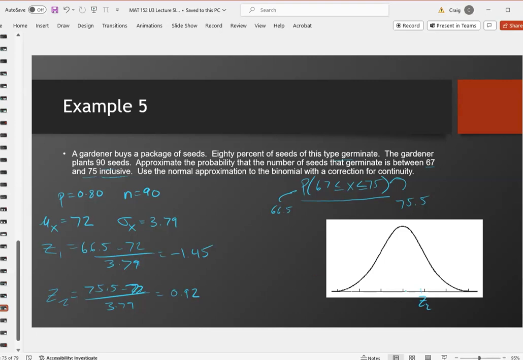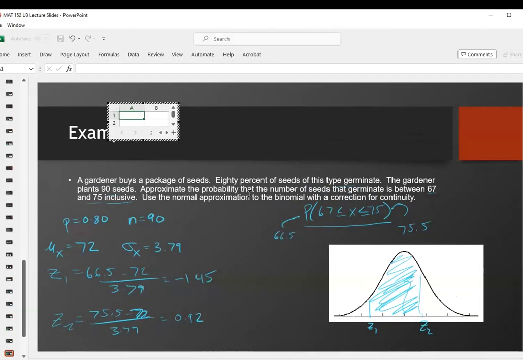And so a good bit of the area is going to fall in between those two. Once again, to calculate the area, we've got to use a spreadsheet or a table. You can use the table as well.